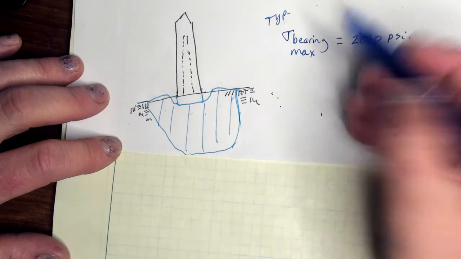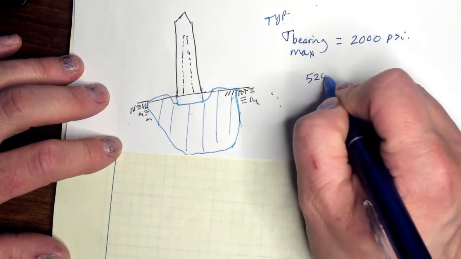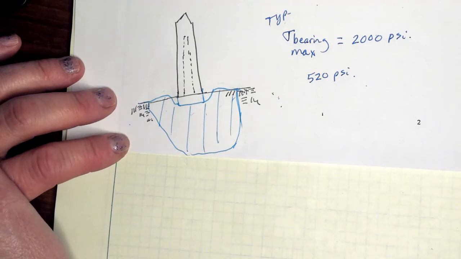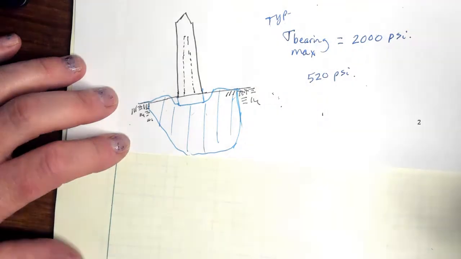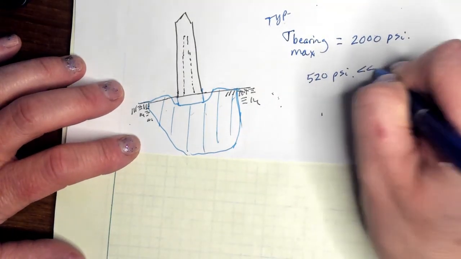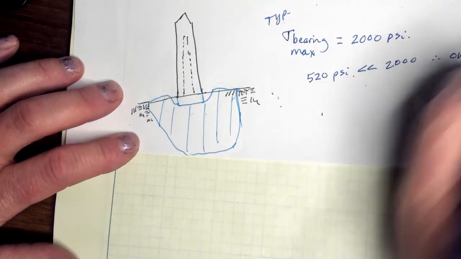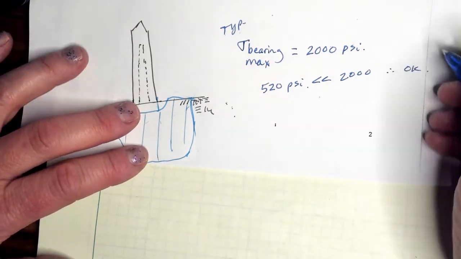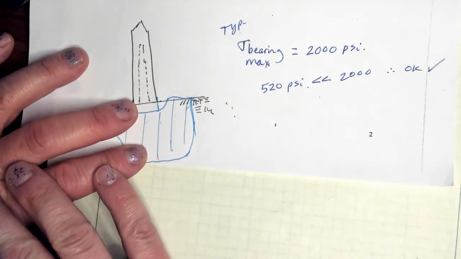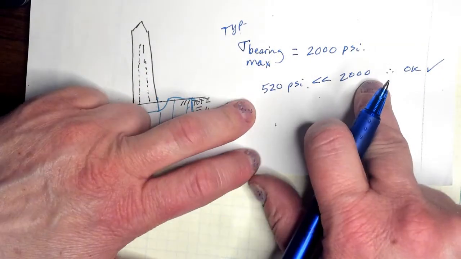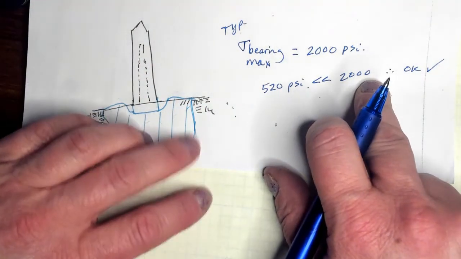Well, we have 520 psi. Are we anywhere near failing? No. So this is much smaller than the 2,000. Therefore, okay, from a design perspective, or at least a check perspective. But we can also do more than that. We could say how much more it is, right?